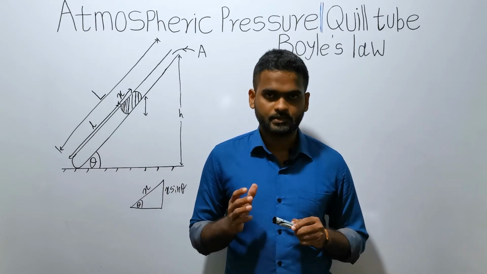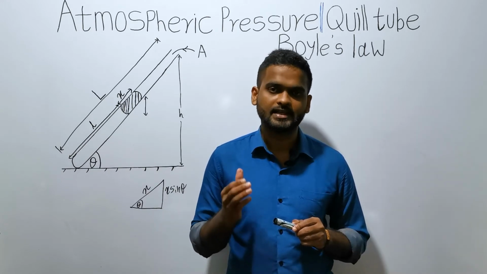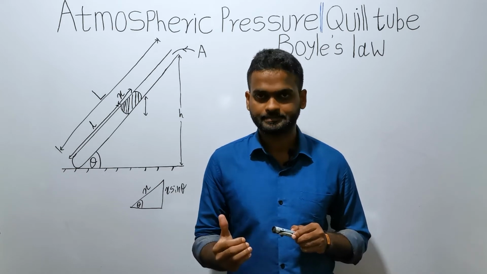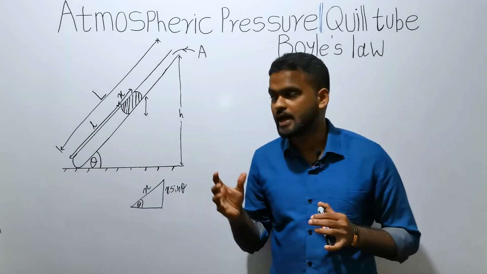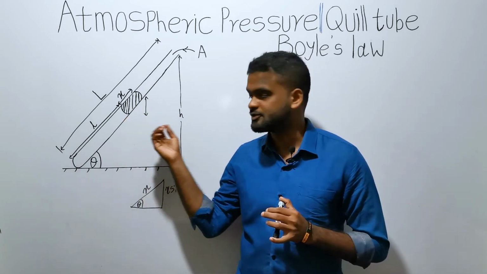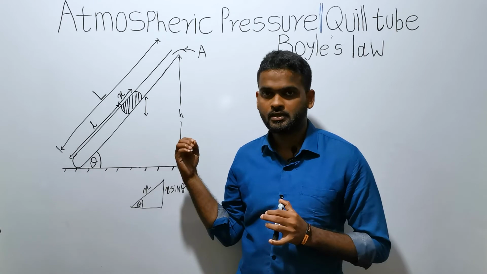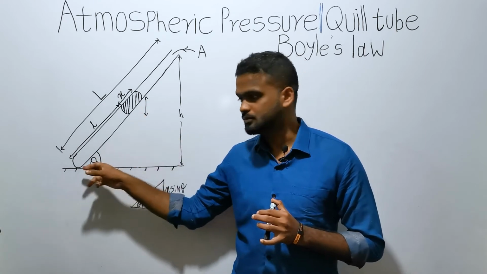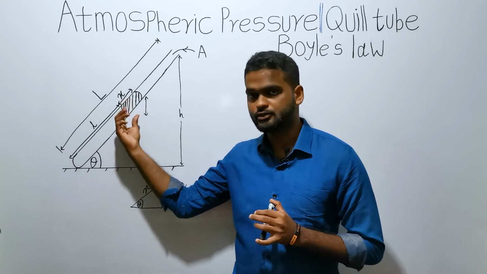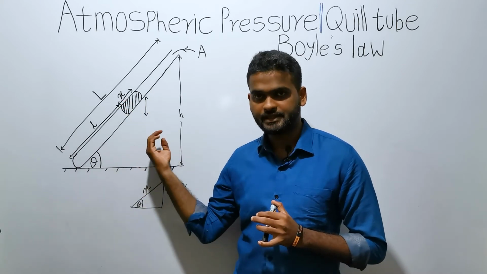So to recap what we just did, I'll explain the experiment step by step in order. So the first step is to attach this quill tube to the stand as shown in the image. So the closed end of the tube should be on the table, and it should also be inclined to the horizontal like this.